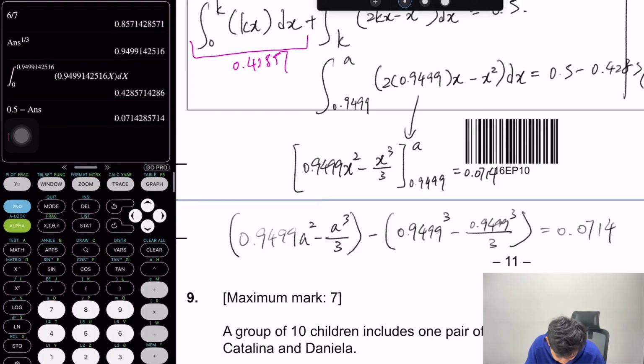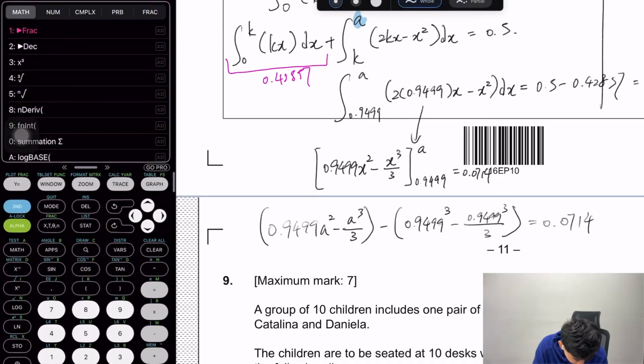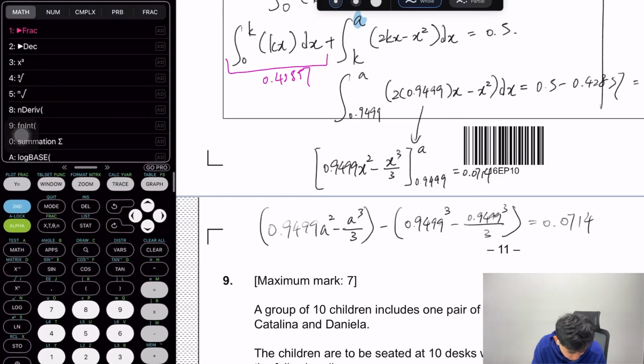So what does that give us? Now we can use the graph, or can we use the solve? Do you have the solver? This one is not included, but never mind.